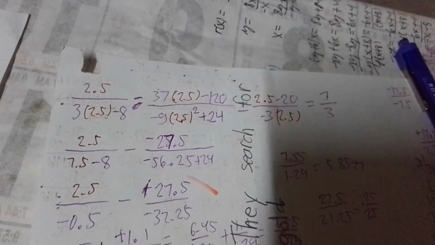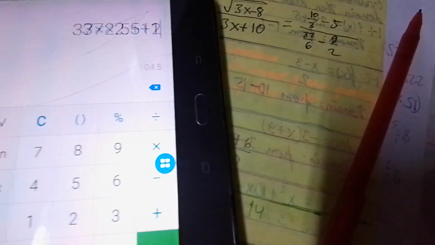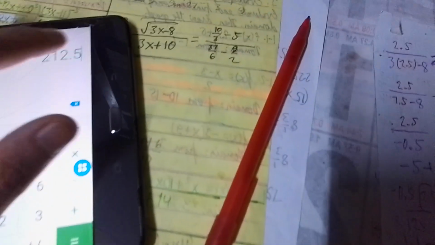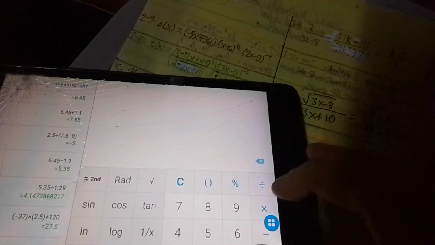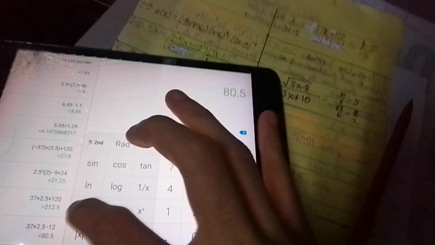Remember, on the numerator we have 37 times 2.5 minus 120.